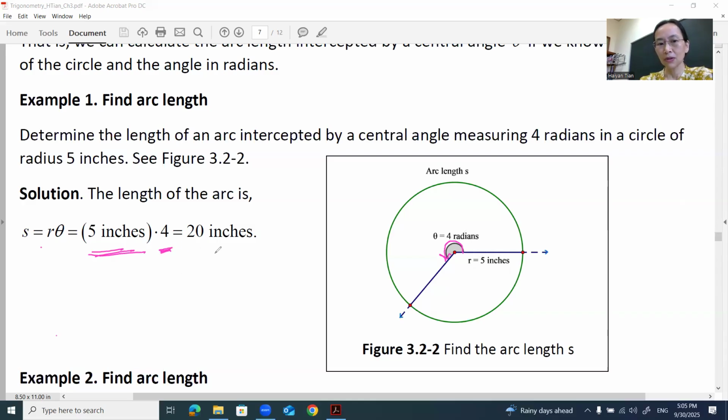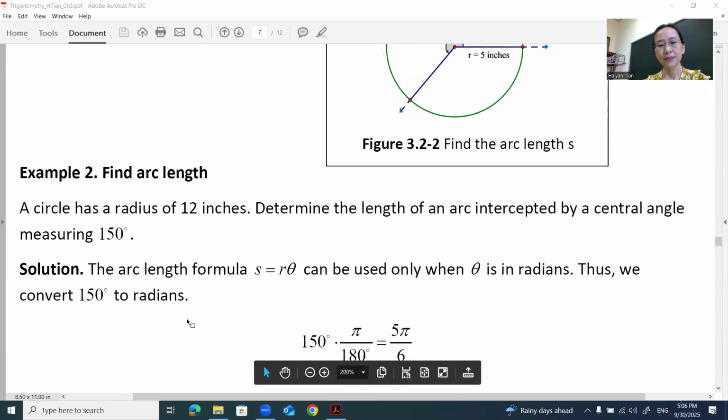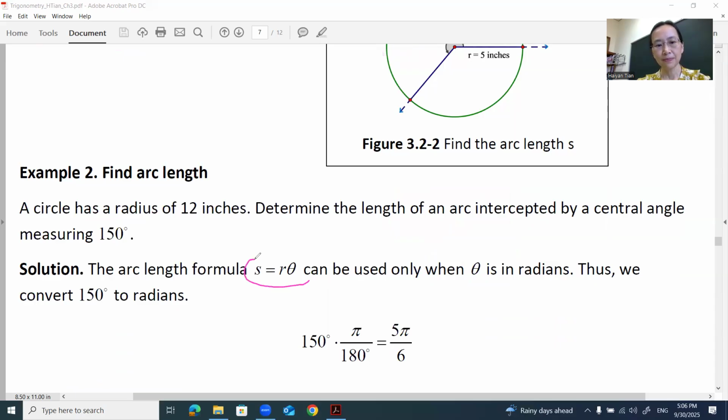So we get a total of 20 inches. That's the corresponding arc length. So the arc length intercepted by theta will be this product, 5 times 4, 20 inches. So finding arc length is to use this formula.